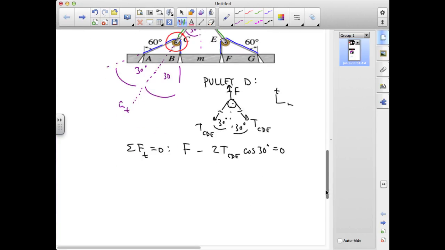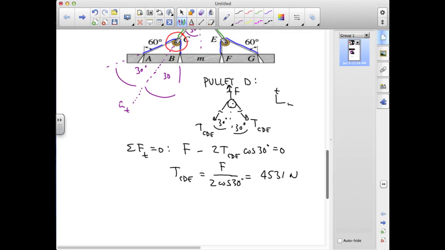And so that's going to give me that the tension in CDE is F over 2 cosine 30 degrees. I know that F is 7848 newtons, and so if I put that in for F and divide by 2 cosine 30, I get 4531 newtons for the tension in CDE.